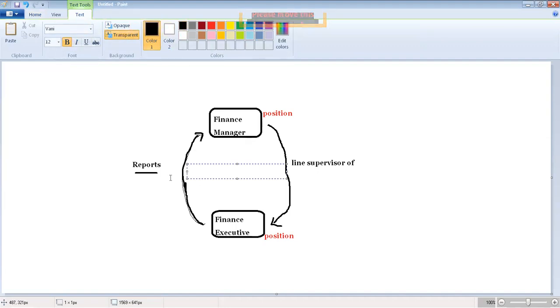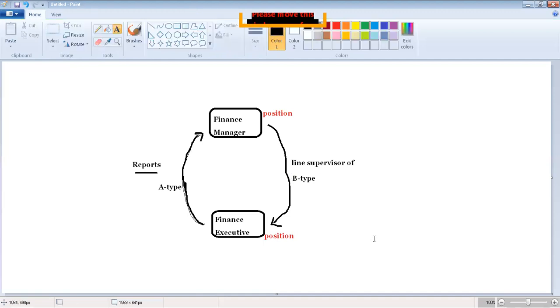A type. Let me type it here. A type relationship. And this type of relationship, I can call it as B type relationship. A type relationship and B type relationship.